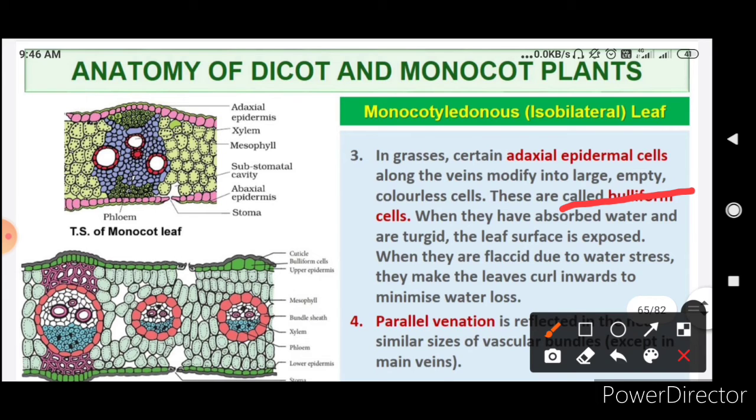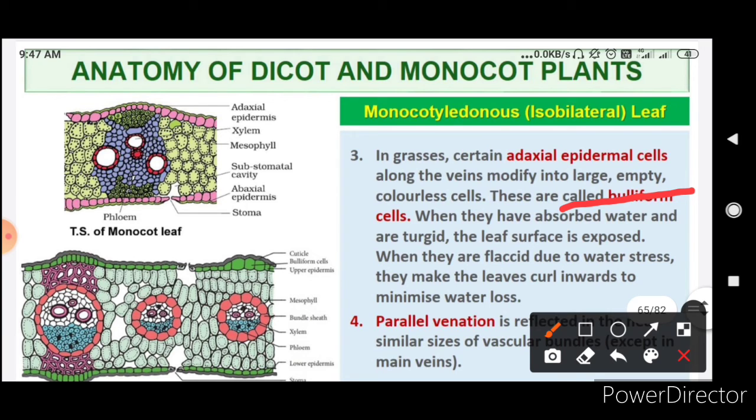When they are flaccid due to water stress, they make the leaves curl inwards to minimize water loss.